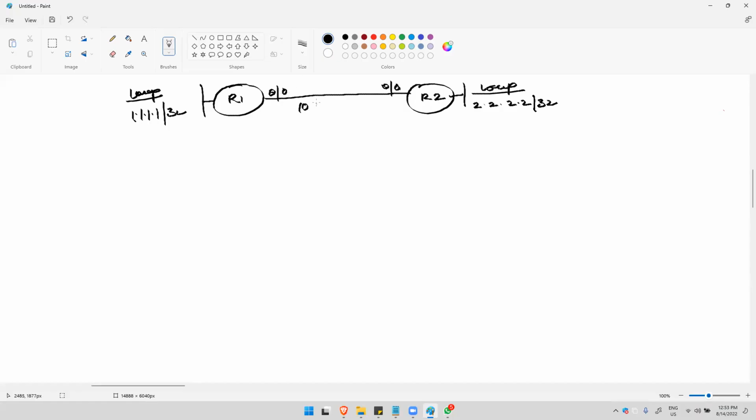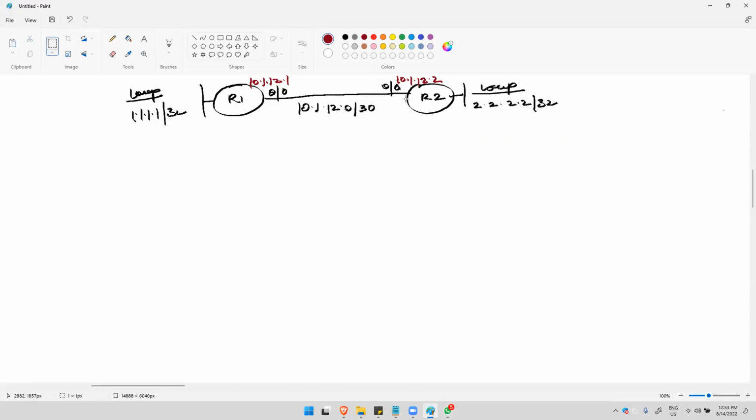The link between them is 10.1.12.0, with what mask? /30, because only 2 IPs are required. Here we are running 10.1.12.1 and 10.1.12.2. Inside the router 1 routing table, how many routes are installed by default?